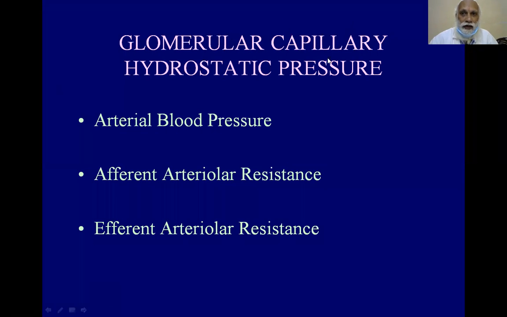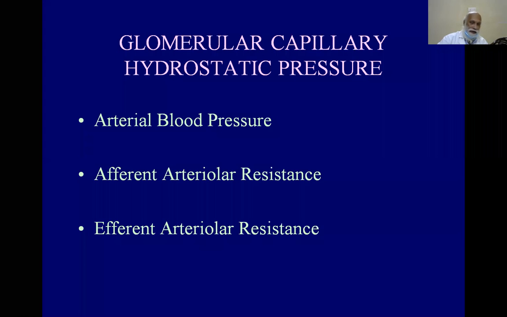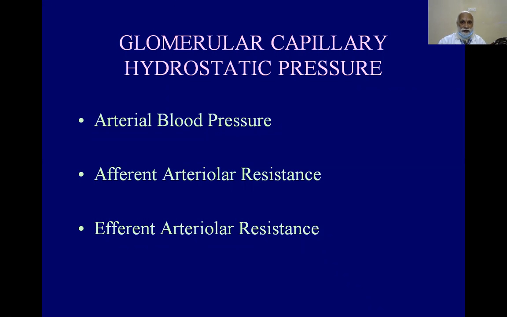Now, glomerular capillary hydrostatic pressure: how is this determined? Renal arterial blood pressure is used for the development of the hydrostatic pressure in the glomerular capillaries. Then there are the arterioles, afferent and efferent, which can contract.